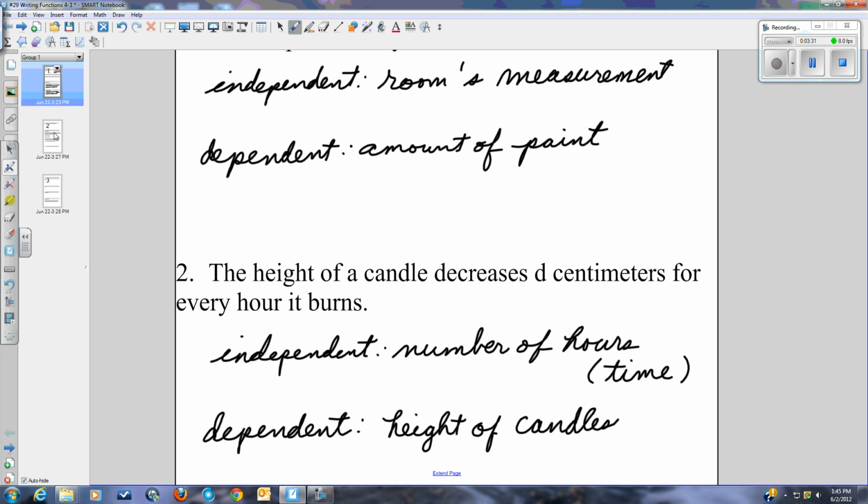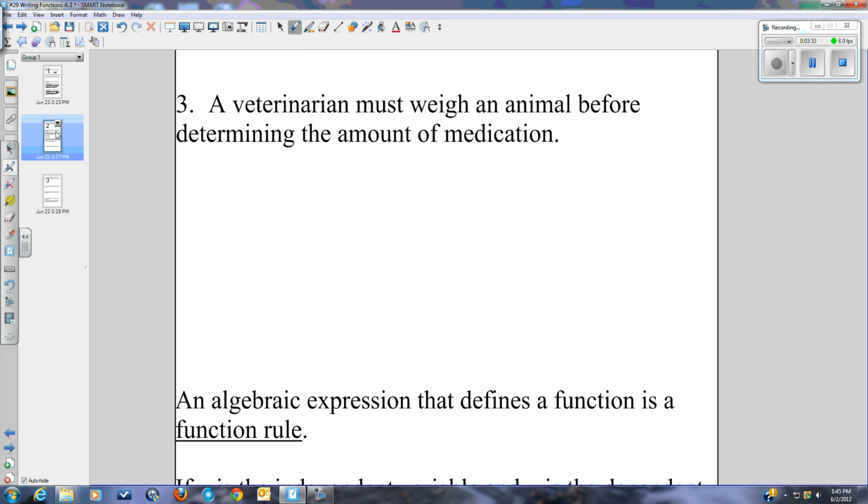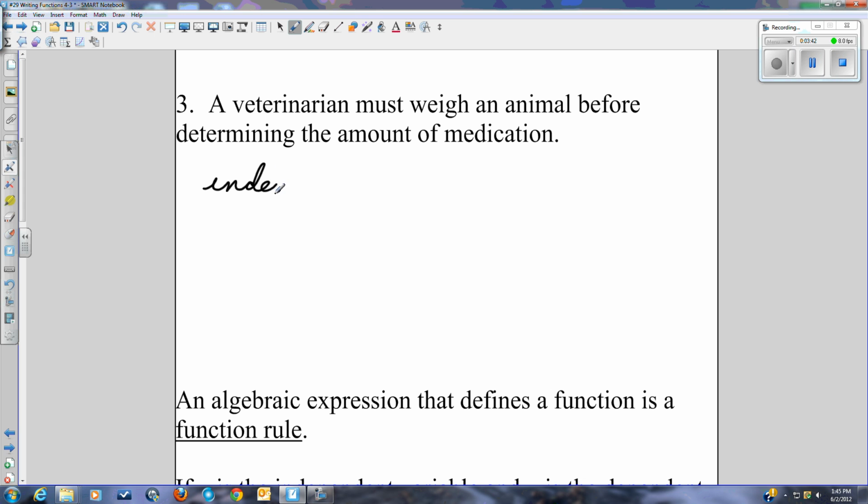So let's continue. A veterinarian must weigh an animal before determining the amount of medication. So again, let's write down independent and dependent. Now, does the medication depend on the weight of the animal, or does the weight of the animal depend on the medication?